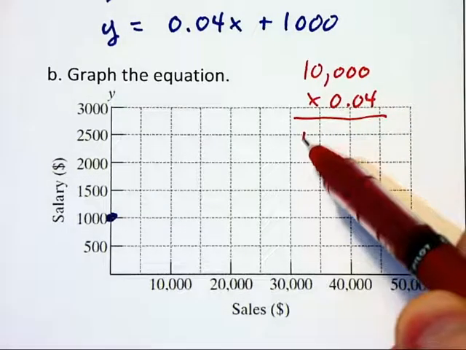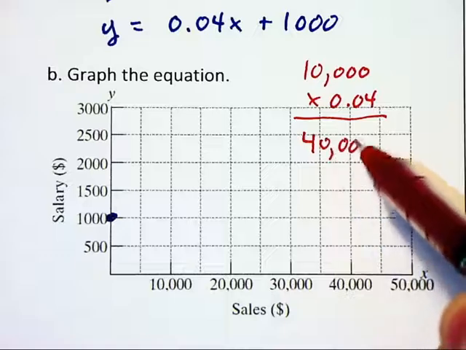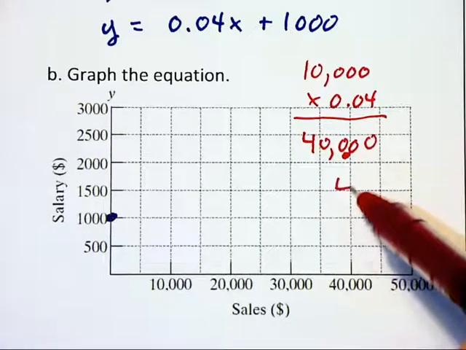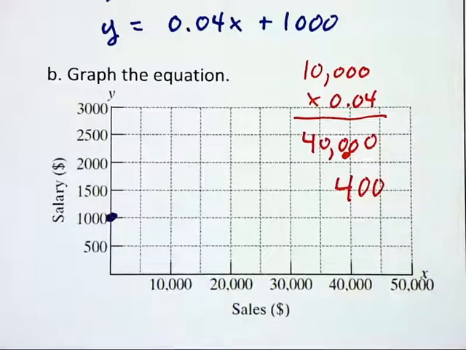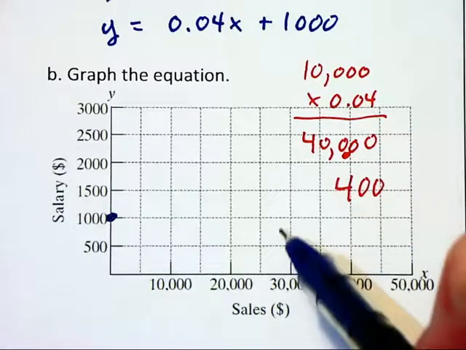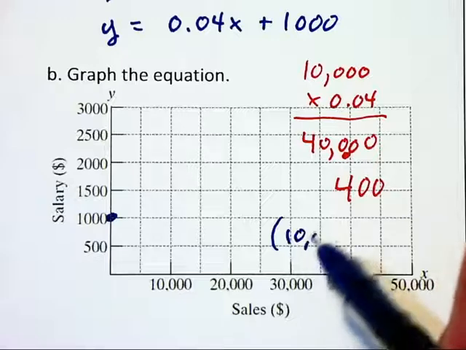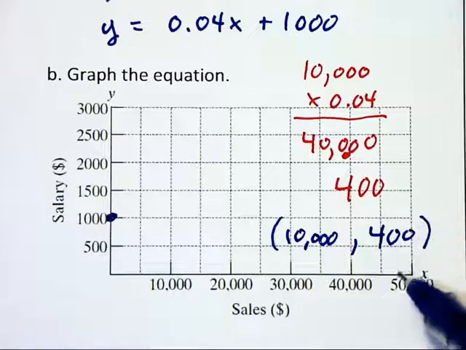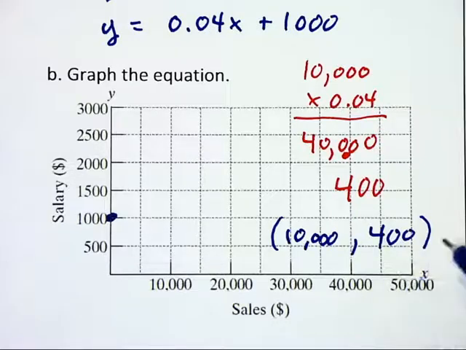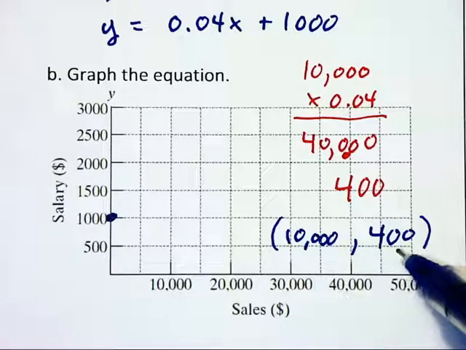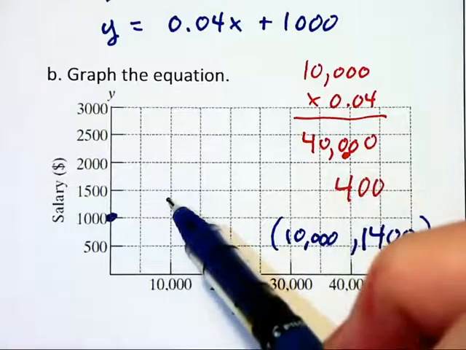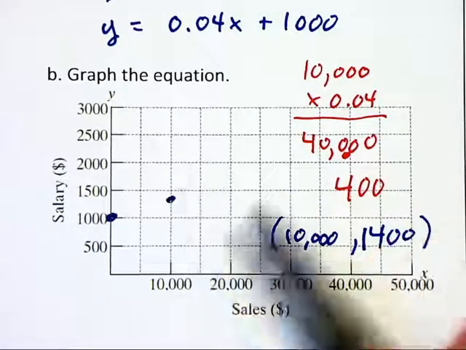You're going to get 40,000 up there. And then you're going to have to move the decimal 2 places to the left, which gives you 400. So we know that the point 10,000 comma 400 is going to be on that graph. Well, that's 400 beyond the initial $1,000, so that's 1,400, and we can plot a point right there.